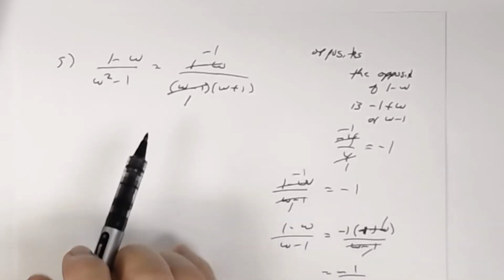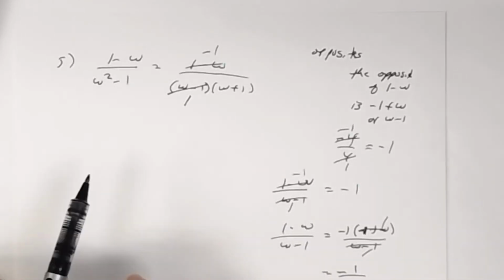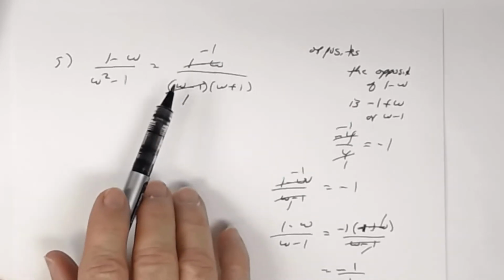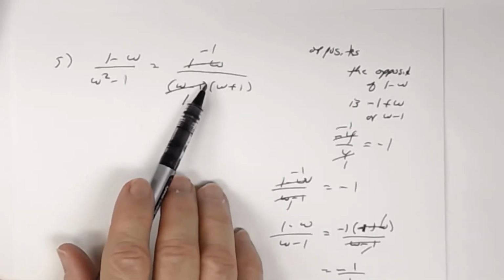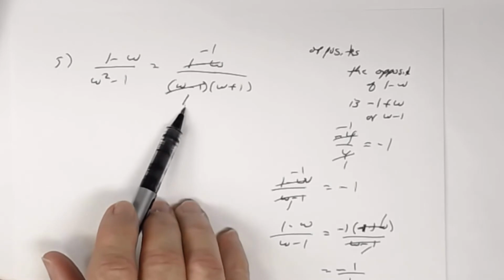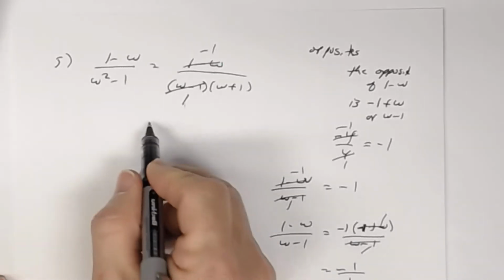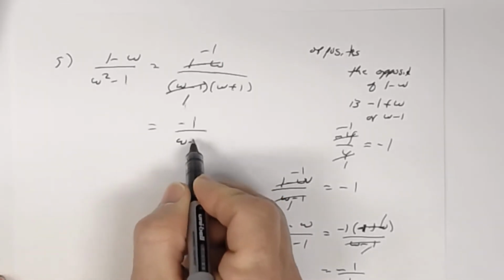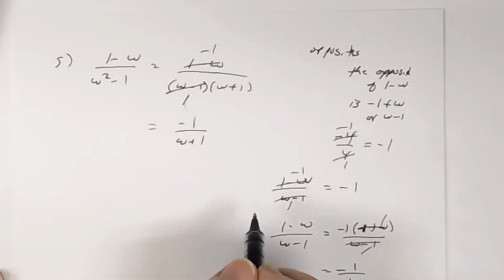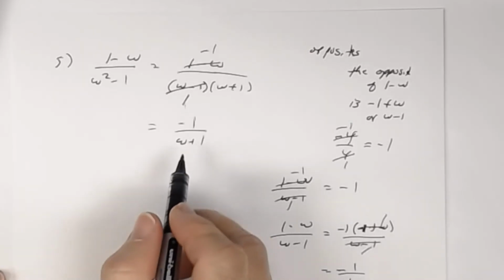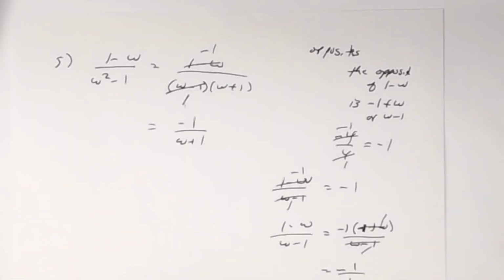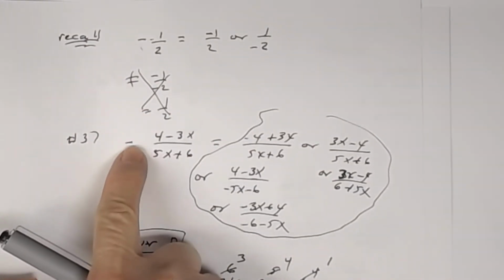But the fact here is that you did have to recognize that those were opposites. And so when you reduce, you make one a factor 1 and the other a negative 1 factor. And so therefore the answer is going to be negative 1 divided by w plus 1. Now, remember what we just talked about in our previous problem. See how we have that negative in front?